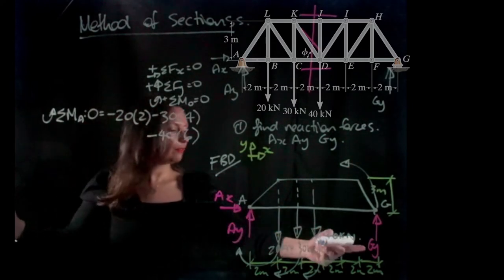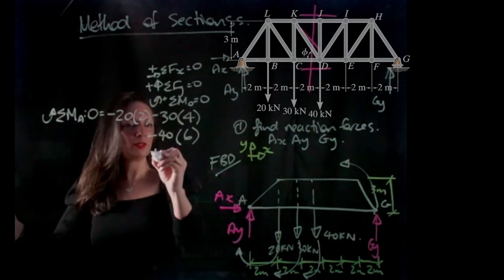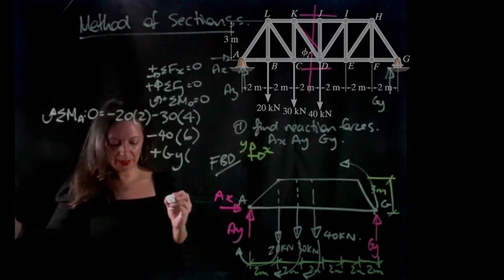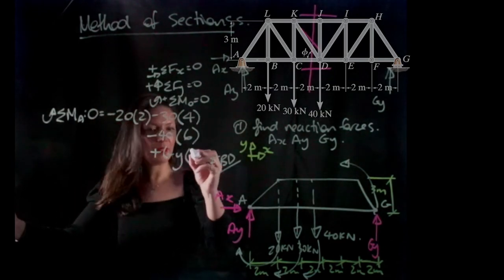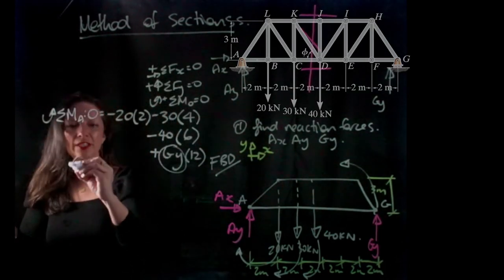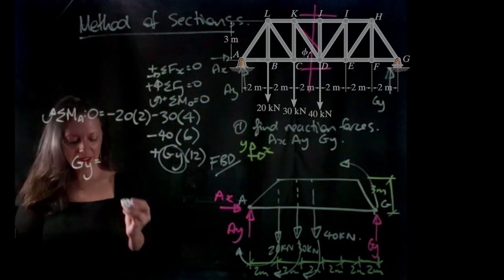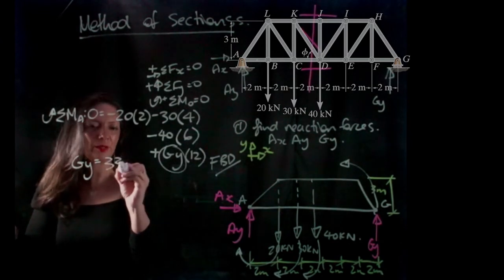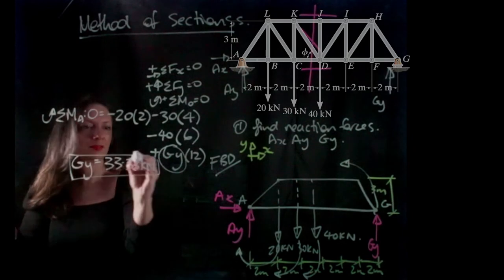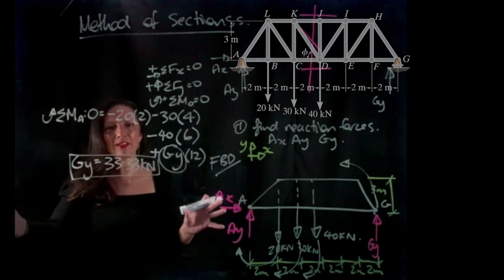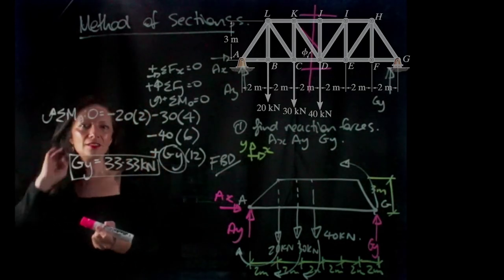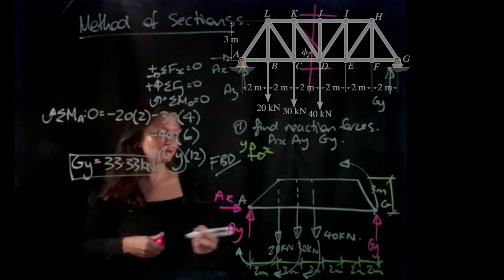And then finally we have GY, so plus GY, and my perpendicular distance is going to be 12 meters. So I can solve for GY. GY equals 33.33 kilonewtons. Guys, are you feeling comfortable about finding the sum of the moments around a point? If not, you need to do some more practice.